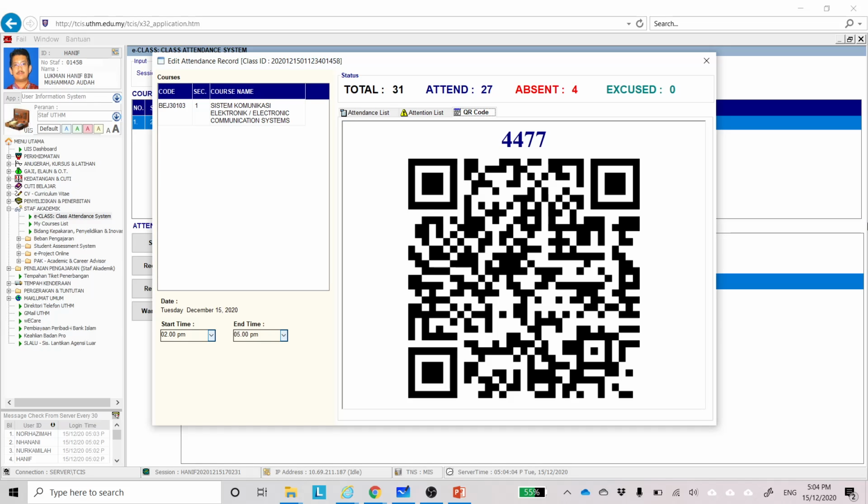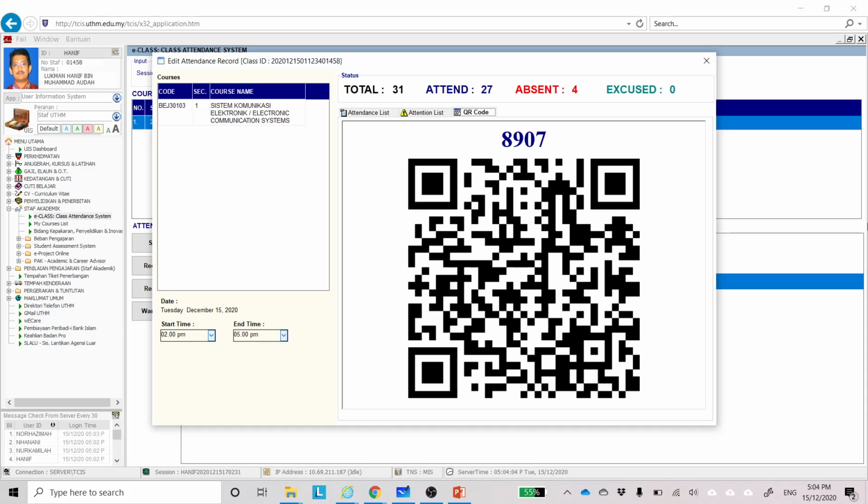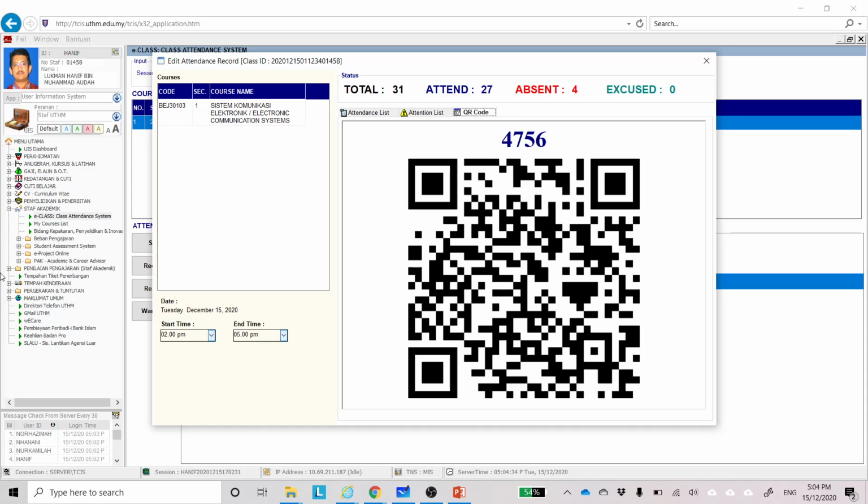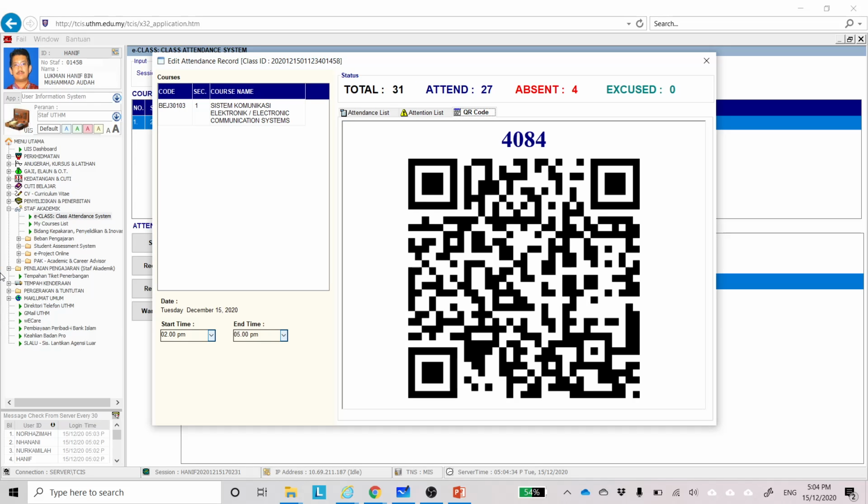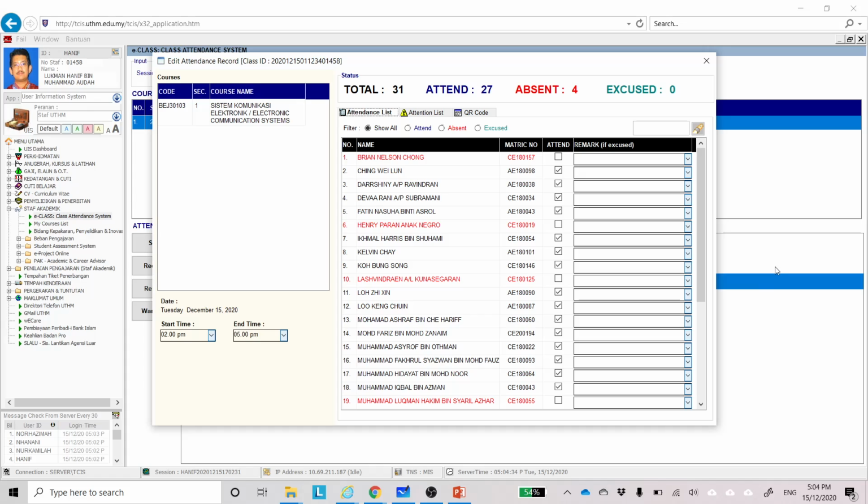Semua dah scan? Lagi 4 orang. Siapa yang belum scan? Brian, Nelson, Henry, Lashvendran dengan Lukman Hakim.